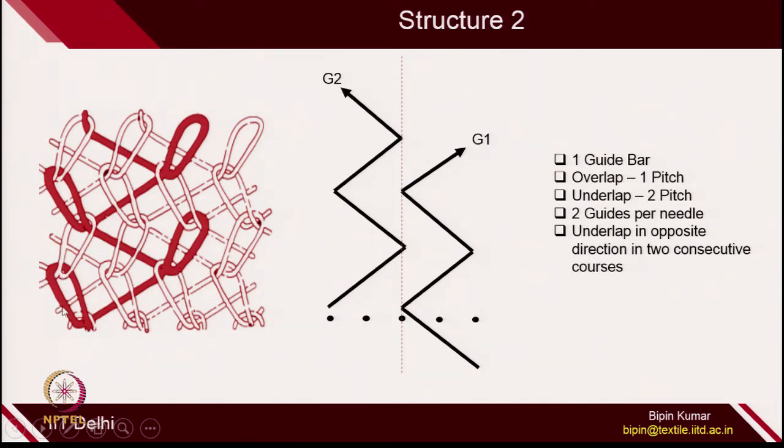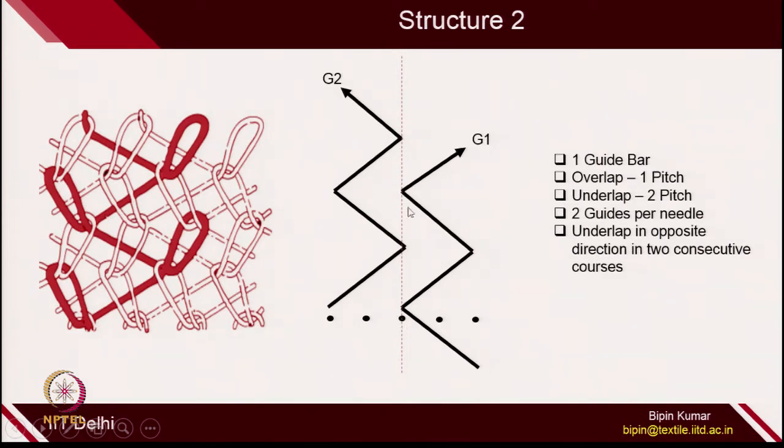First, the loop is formed on the first column, after that the loop is formed on the third column, after that on the first column, then again the third column. So, first, third, first, third. The guide is shifting position from the first needle to the third needle.